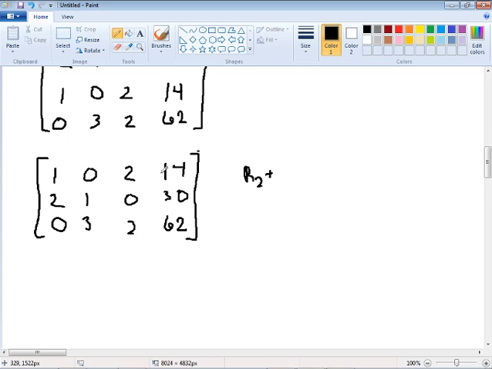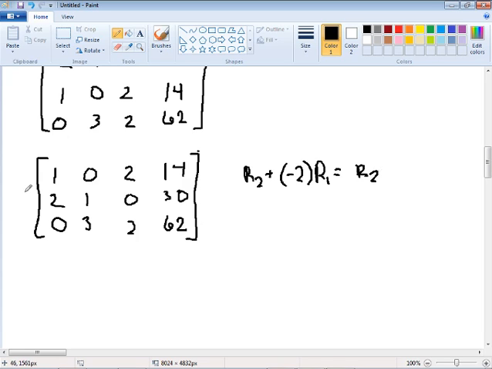But instead of just adding this row, I'm going to multiply that top row, row 1, by -2.